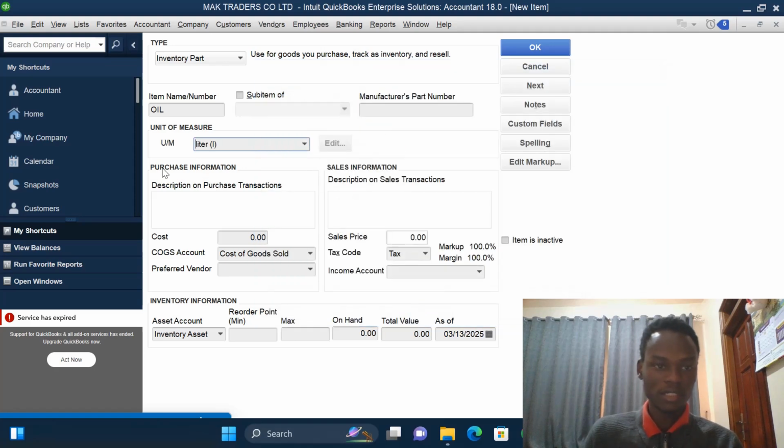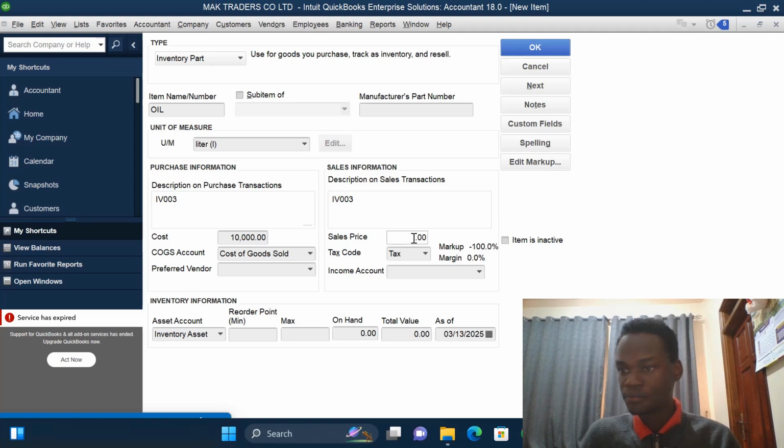So finish and come here. Item number IV003. The oil costs 10,000 and the selling price is 16,000.